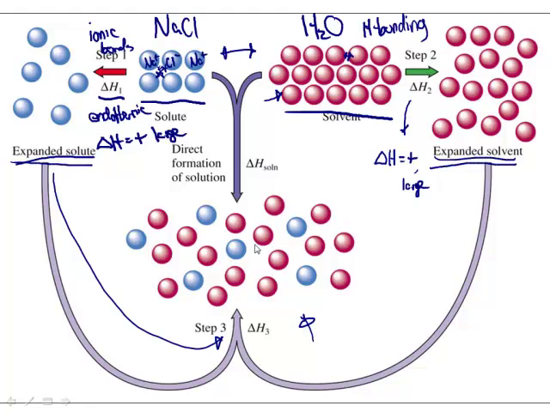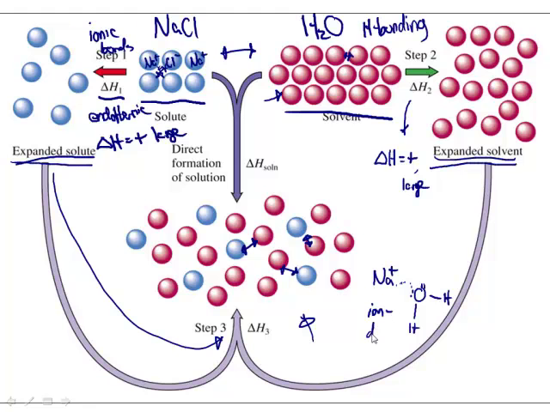Now when we mix the solute and the solvent, new attractions can form between solvent and solute particles. In this case we're looking at sodium chloride, so we have sodium ions and we have water molecules. When these get near each other, they can experience ion-dipole attraction for each other.